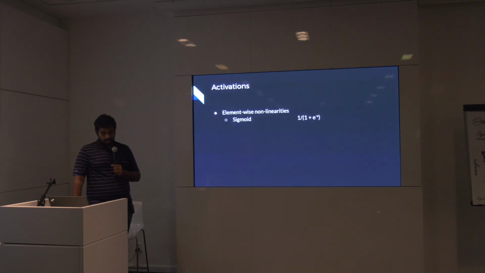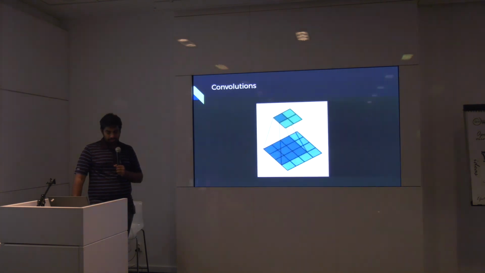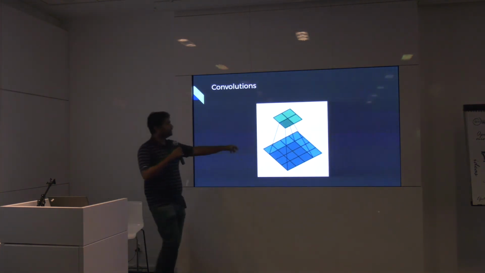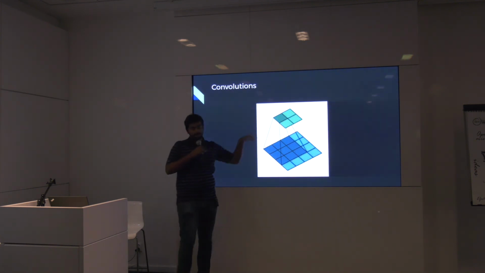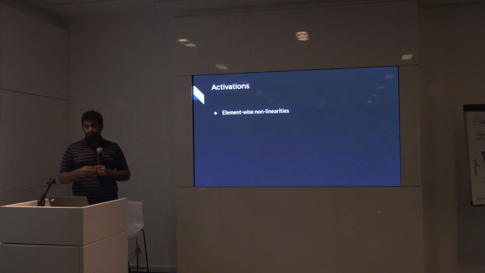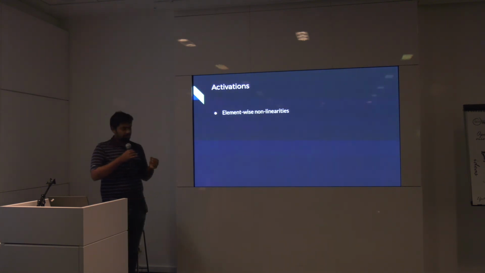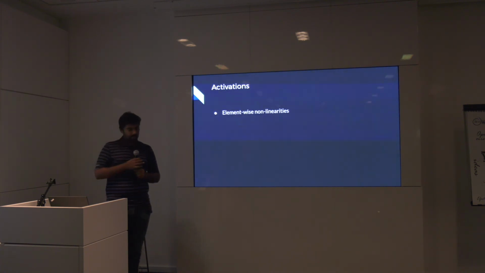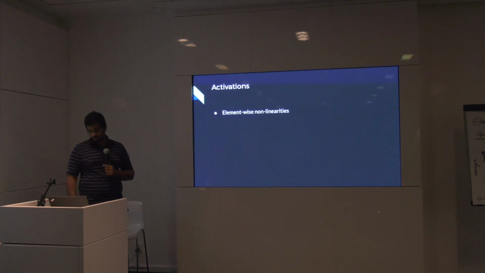After you do this multiplication and you get a number here, you do something called an activation. An activation is basically an element-wise nonlinearity. Element-wise meaning that you apply this function to each one of the elements independently.